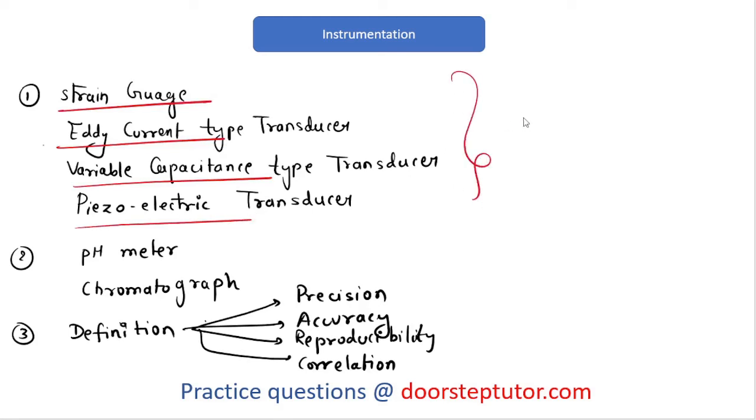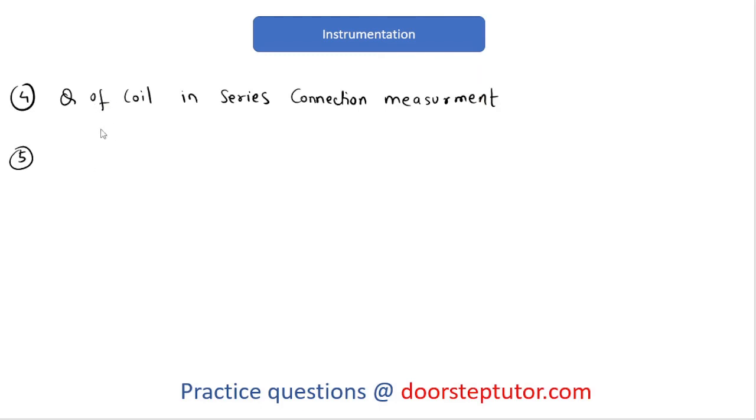So the questions were related to transducers. They have asked a question related to pH meter and chromatograph. There was a question related to definition of precision, accuracy, reproducibility, and correlation. They have also asked one question related to Q of coil in series connection measurement. So these were the questions that were asked from instrumentation and measurement.